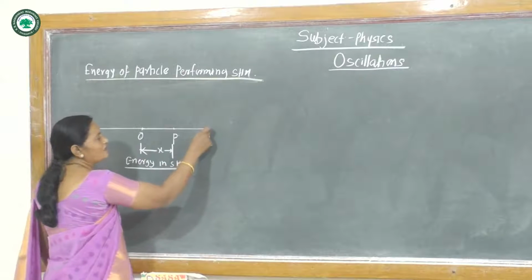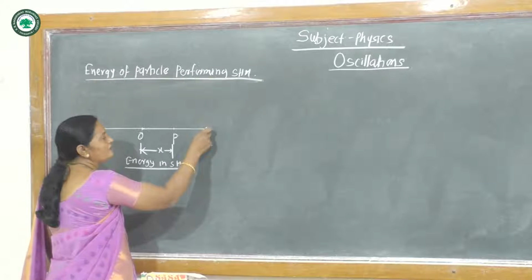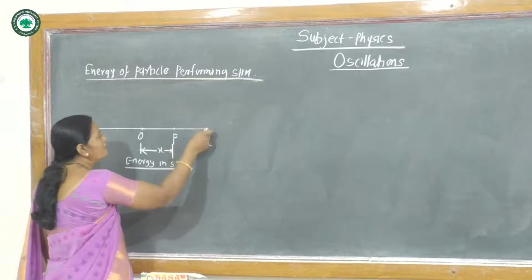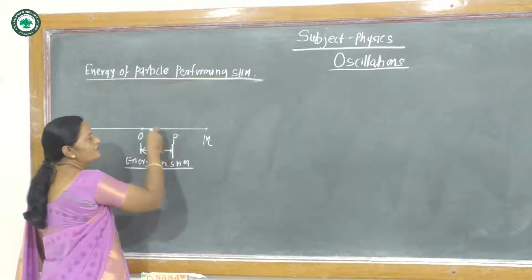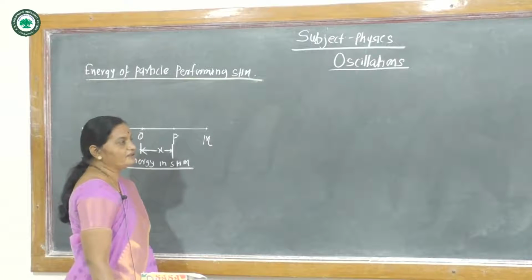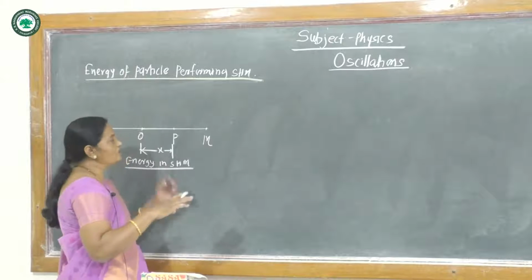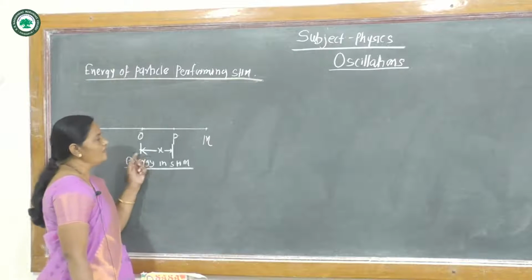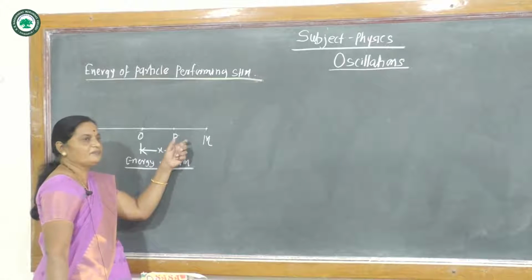Now when the particle reaches the extreme position, it tries to move towards the mean position due to the restoring force. Therefore, there are two types of energy involved. The first is kinetic energy and the second is potential energy.